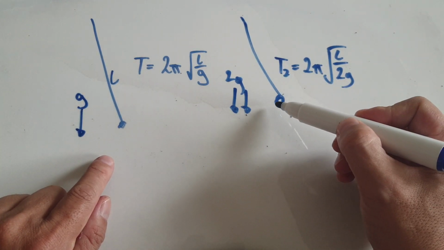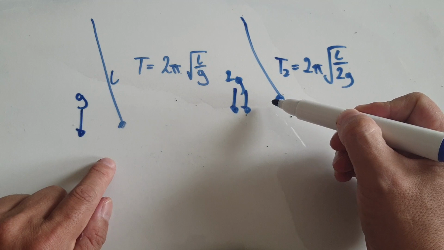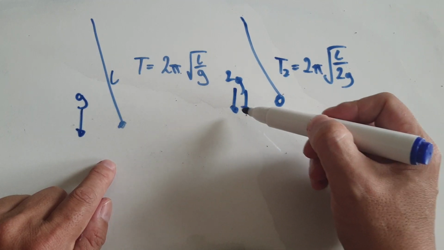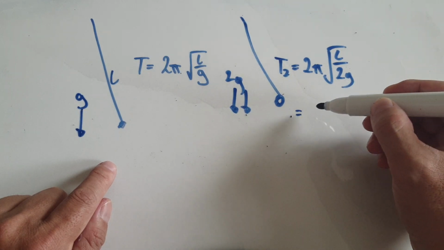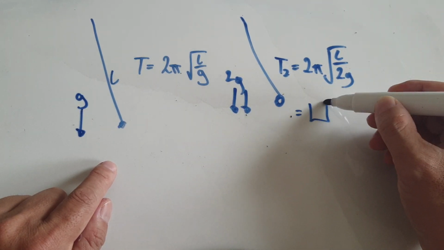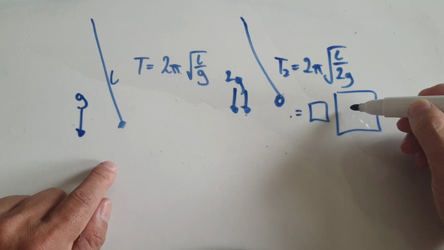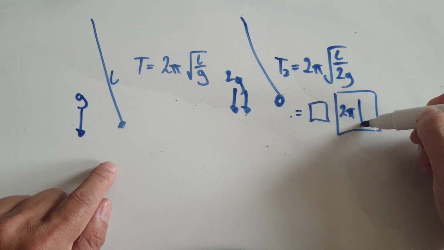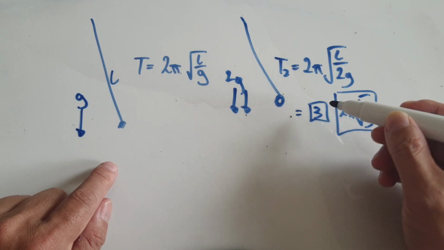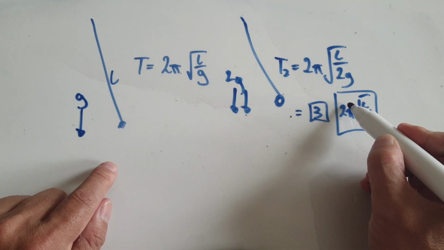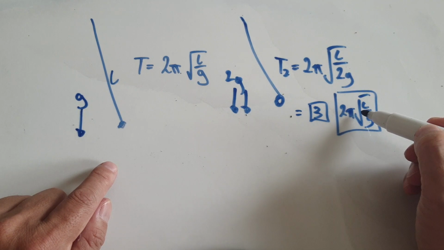We want to see what happens to the period of a pendulum. So using algebra, we want to get it in the form of something multiplied by the old time. This was the old time. So for example, if I know that there's a 3 here, then I know it's going to be 3 times as long as the old period.